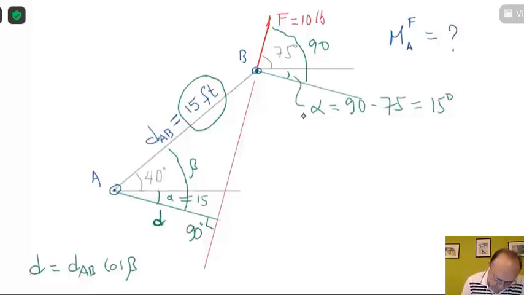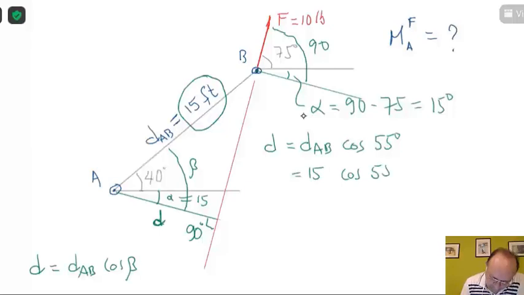So therefore, D is equal to DAB cosine of 55 degrees, so that will be equal to 15 cosine of 55 degrees.